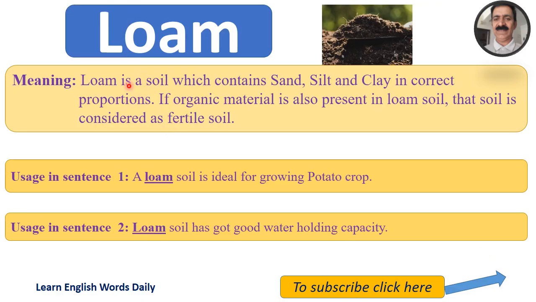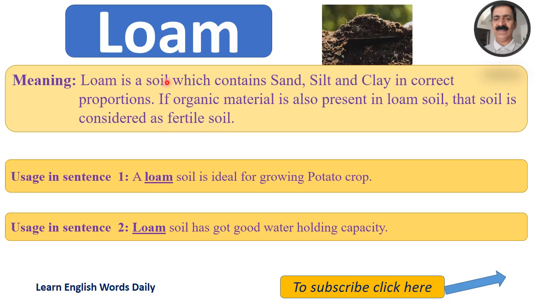Dear friends, now let us try to learn another important word called loam, L-O-A-M. Meaning of the term loam is a soil which contains sand, silt and clay in correct proportions. If organic material is also present in loam soil, then that soil is considered as fertile soil.